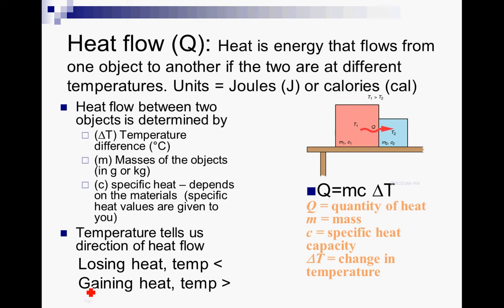Okay, heat flow is given in formulas by the letter Q. Heat is energy, and that energy flows from one object to another if the two are at different temperatures. So since heat is energy, it's measured in joules, just like we have always done. When we talked about kinetic energy, when we talked about potential energy, we measured those in joules.